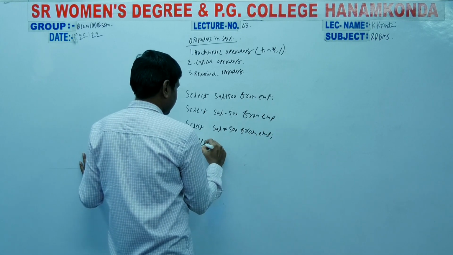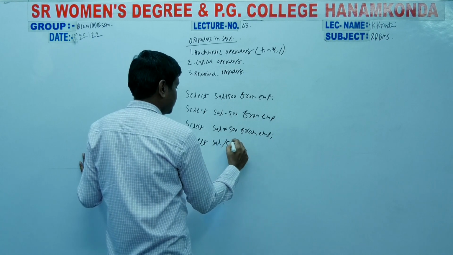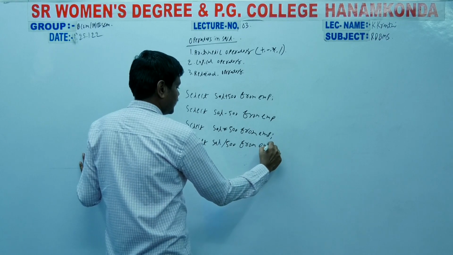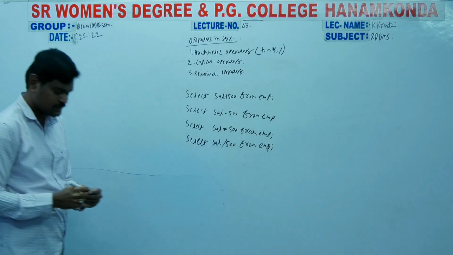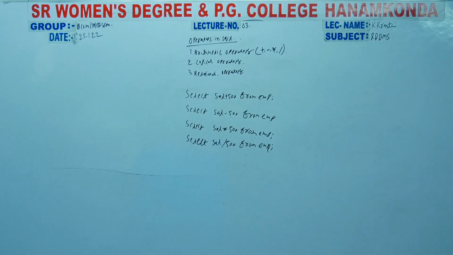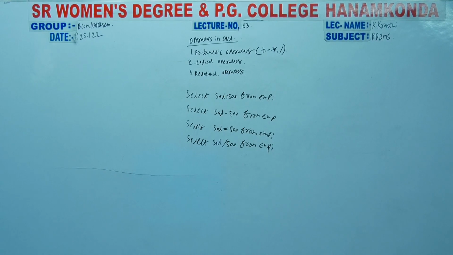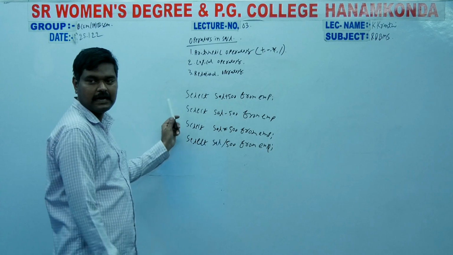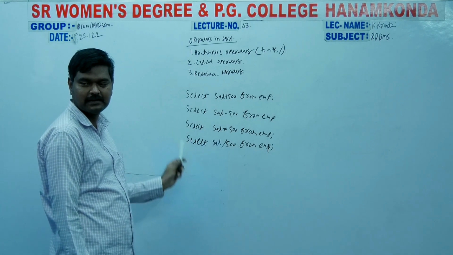Select salary divided by 500 from EMP. These four statements we can write by using arithmetic operators: addition, subtraction, multiplication, and division in the select statement.